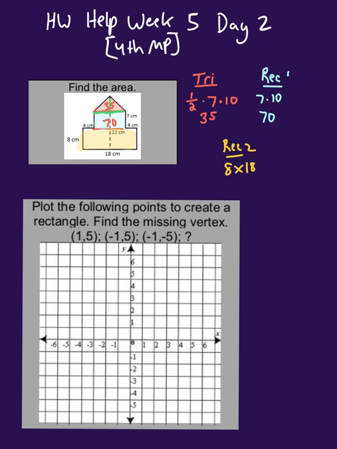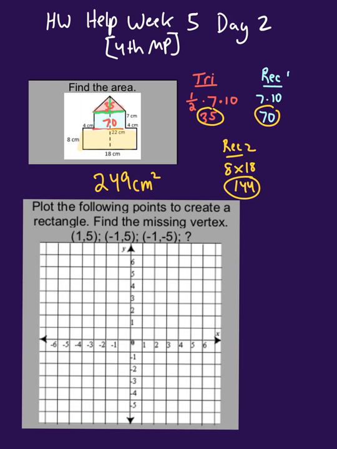And 8 times 18 is 144. So we have our 3 areas that we need to add up. So if I add those up, they add up to 249 square centimeters. That, ladies and gentlemen, is a tricky problem.